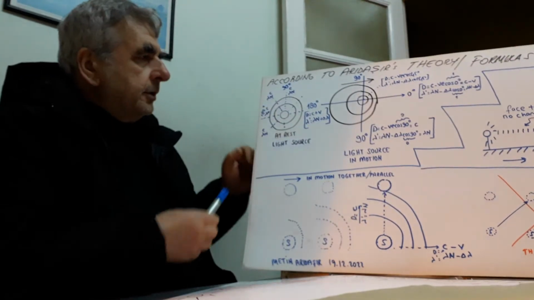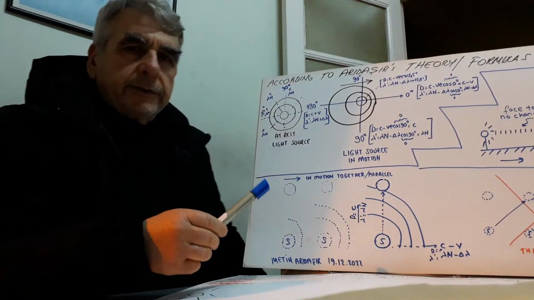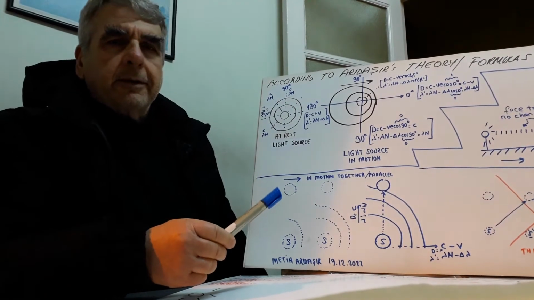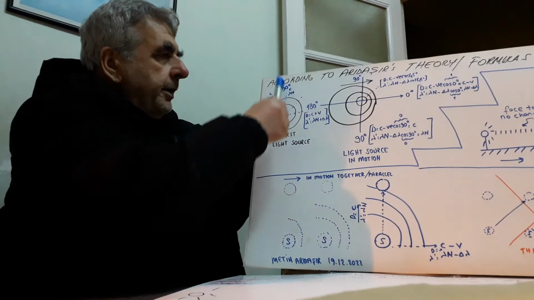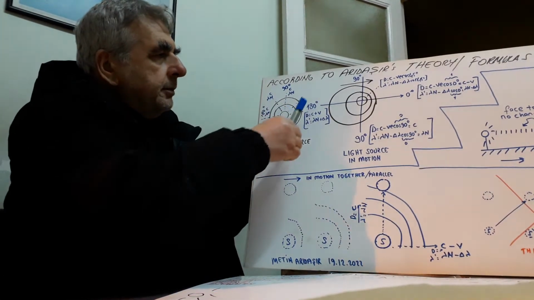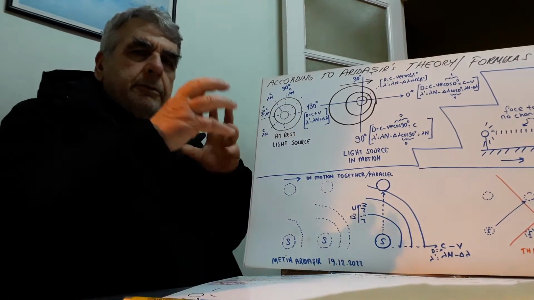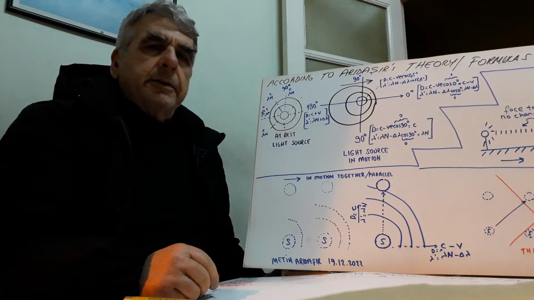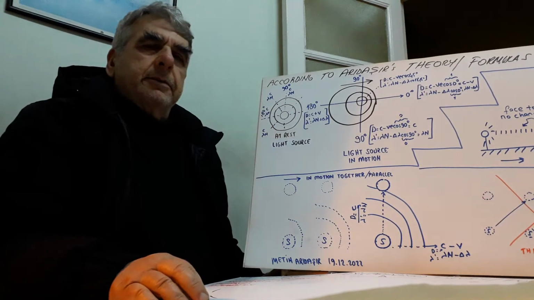In all directions, its wavelength is the initial wavelength, lambda normal, lambda n here, and in all directions its wave speed is the speed of light.